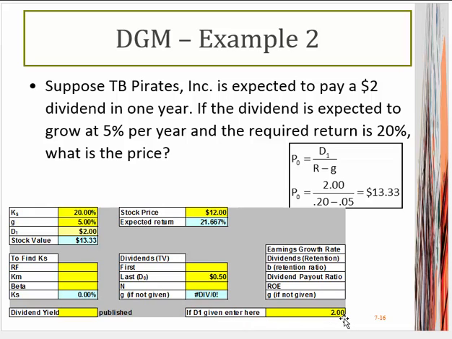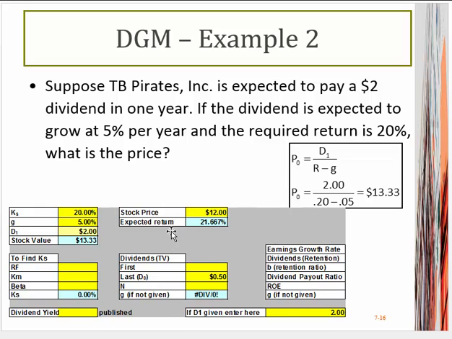That's where the $2 comes in, and it transposes up here as the $2 under D1. There's the 5% growth, 20% required return. Stock value is $13.33. If you could buy it for $12, you certainly would. If you bought it, you'd earn 21.7%. You only wanted 20%, so this is a good investment.